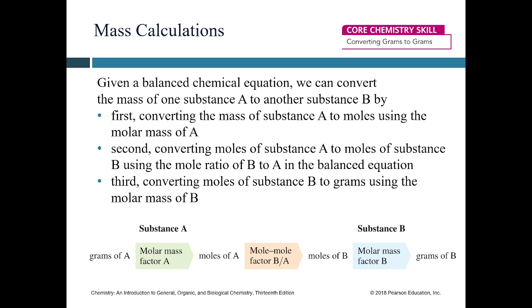Then we take the moles of that second substance, substance B, and convert it back into grams. We can take the three steps we've been doing over and over and combine them together. That gives you the ability to predict how much you should make if you put two things together.